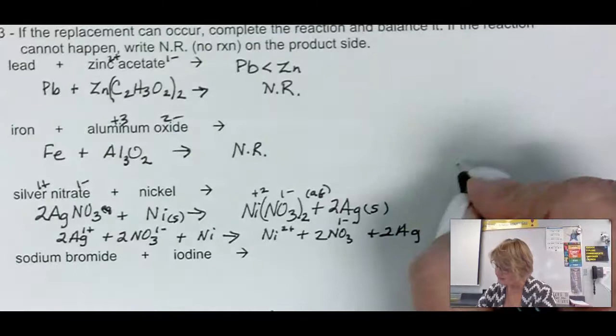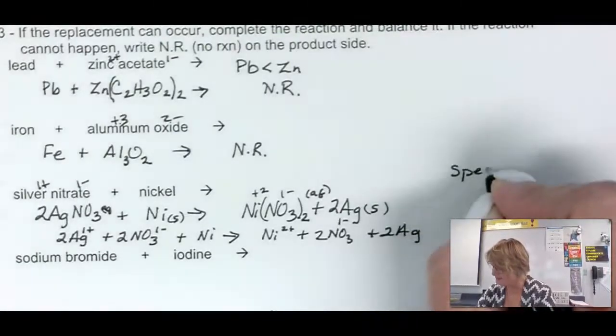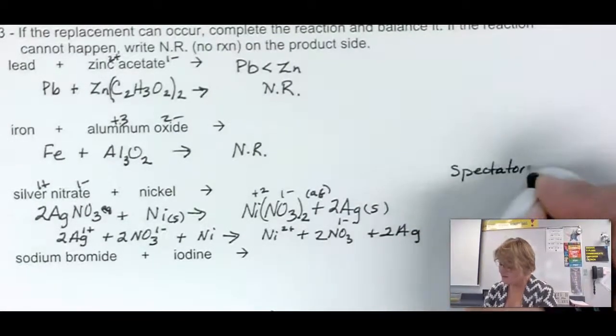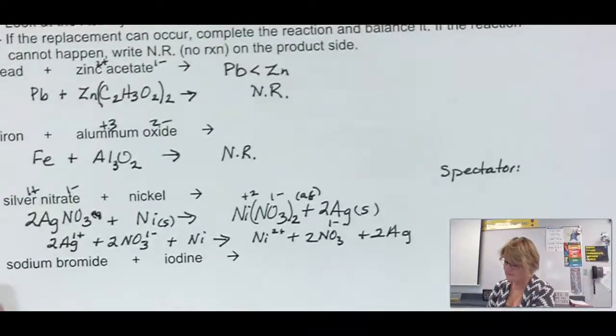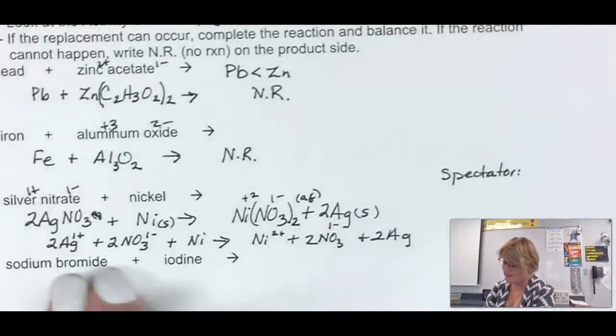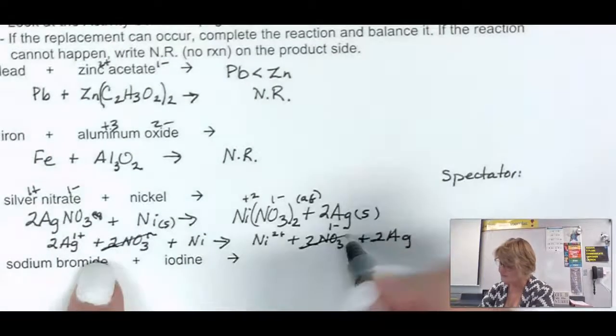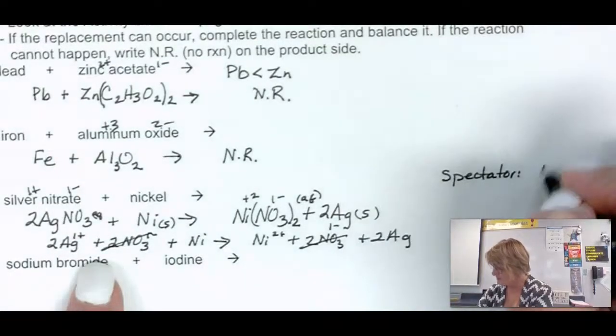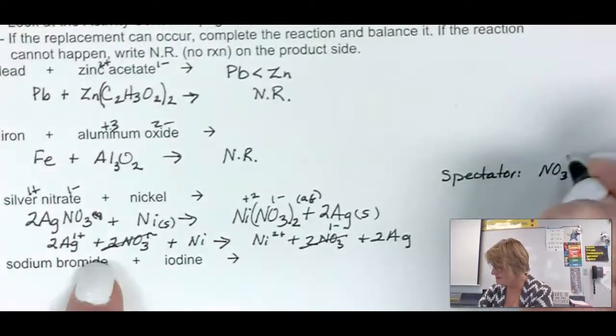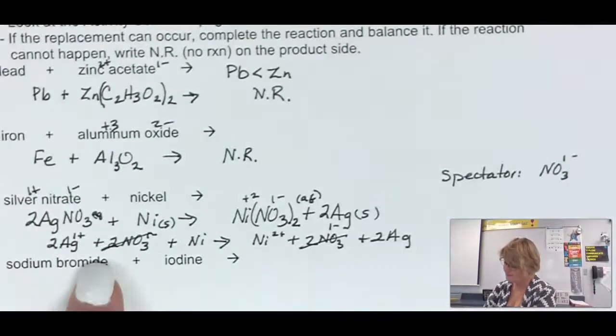Now I've got to decide if there are any spectator ions, anything the same on both sides. And so in this case, my spectator, hopefully you're doing this on your own paper, because I don't know if you've got room on here if you write very big. But in this case, if you look, your 2 NO3s, so your nitrate ion is going to be your spectator.